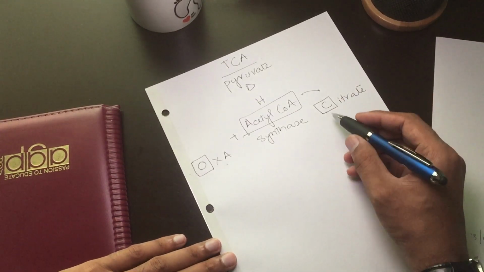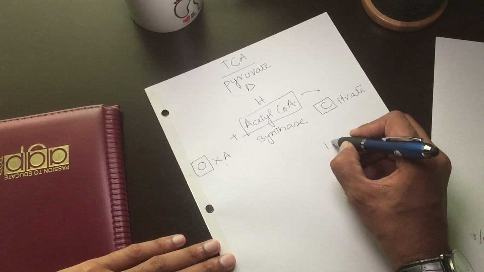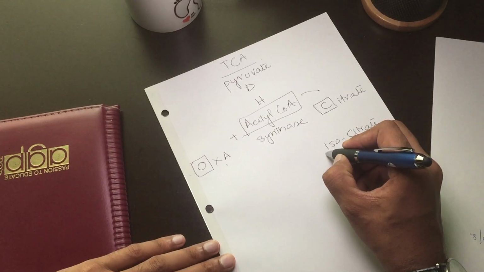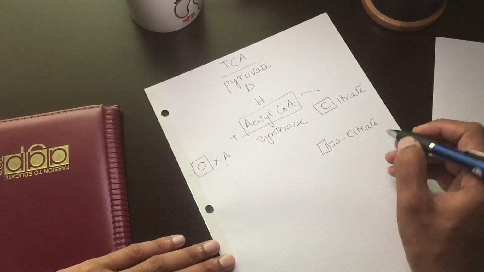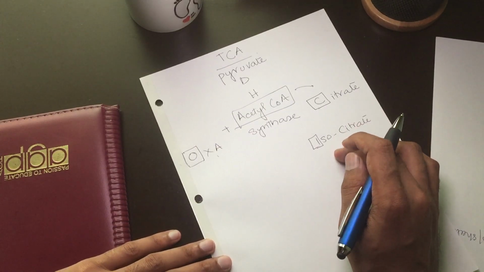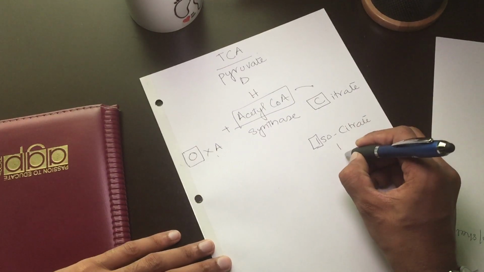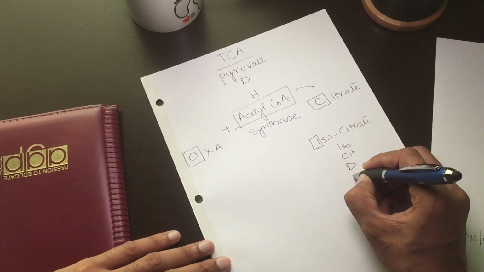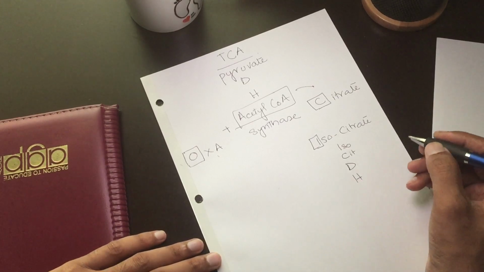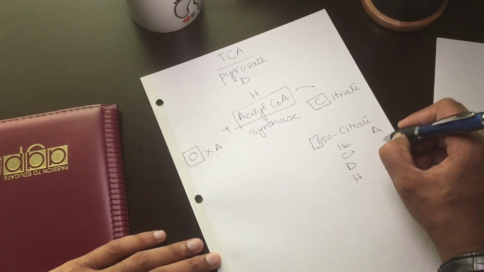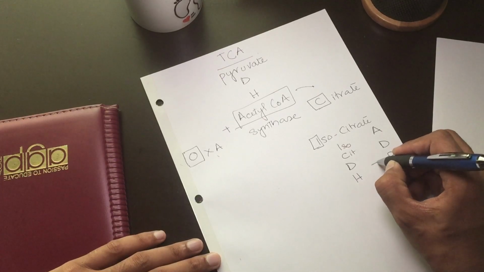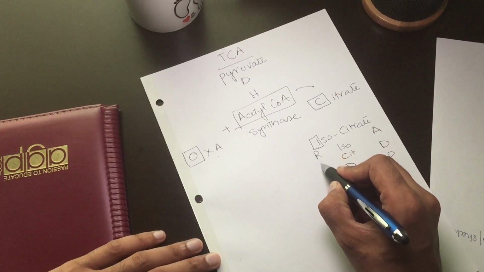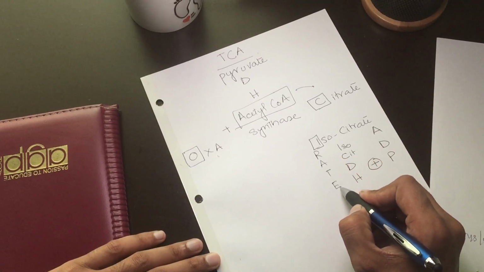This citrate is converted into isocitrate, which is another isomer of the citrate molecule. Now this isocitrate undergoes dehydrogenation by isocitrate dehydrogenase, using ADP as a stimulator or activator, and this isocitrate dehydrogenase enzyme is the rate limiting enzyme.